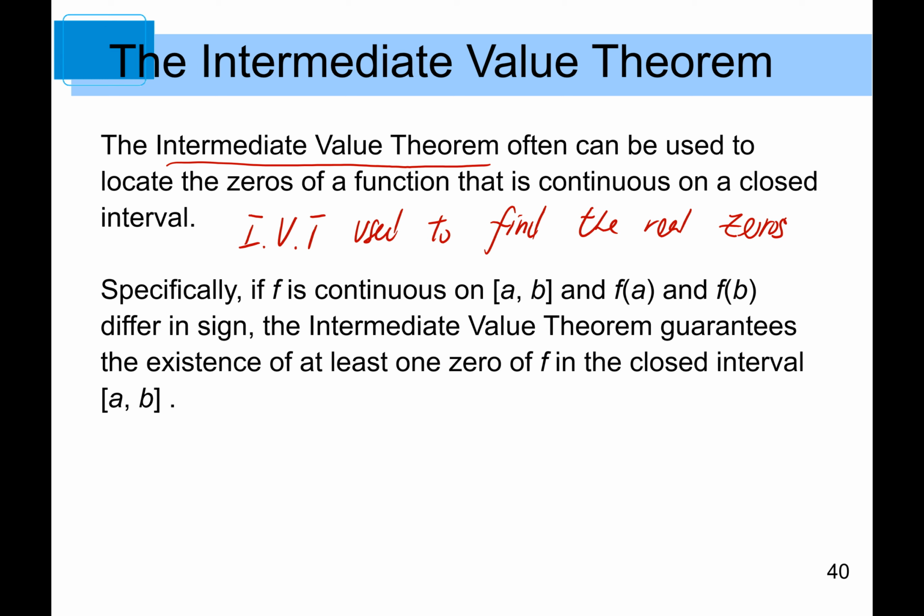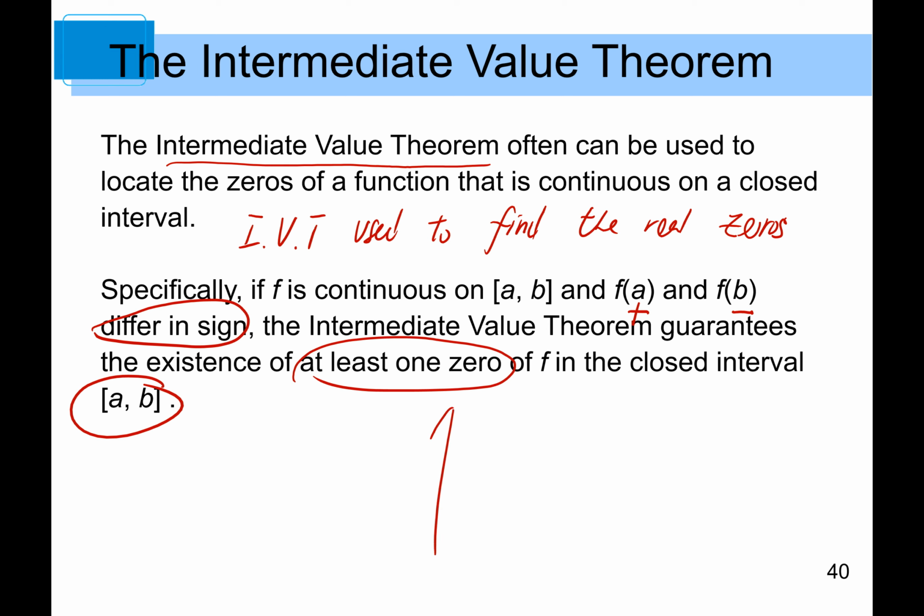Specifically, if f is continuous on the closed interval [a, b] and f(a) and f(b) have different signs, meaning one of them is positive and the other one is negative, then there is guaranteed to be at least one zero in that closed interval [a, b]. Just like this, right?